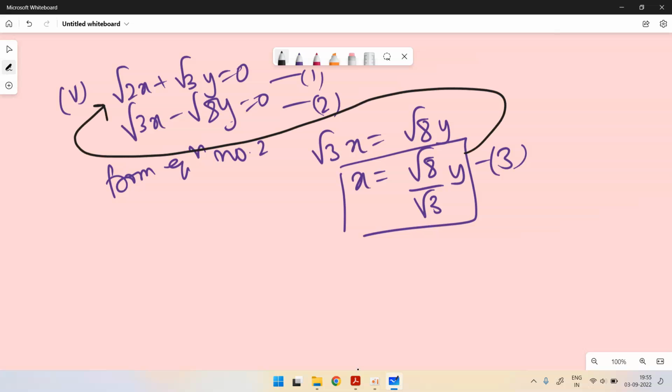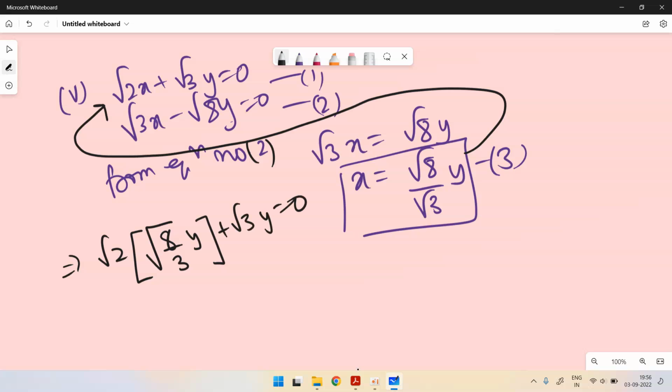I have taken equation number 2 to get this value, so I'm going to substitute it in equation number 1, which implies that root 2 into x, in place of x you write root 8 by root 3 into y, plus root 3 y equal to 0. If you take the LCM, root 2 into root 8 is root 16 y by root 3, and root 3 into root 3 y, equal to 0.